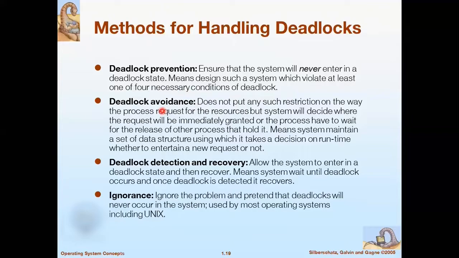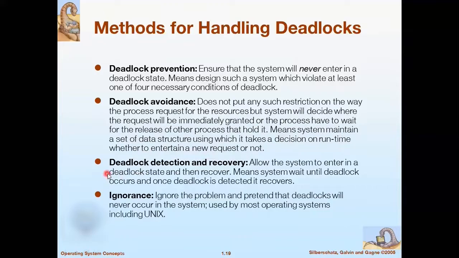We can say it does not put any restriction on the way processes request resources, but the system will decide whether the request will be immediately granted or the process has to wait for the release of resources held by other processes. It means the system maintains a set of data structures, and using these it takes a decision at runtime whether to entertain a new request or not.